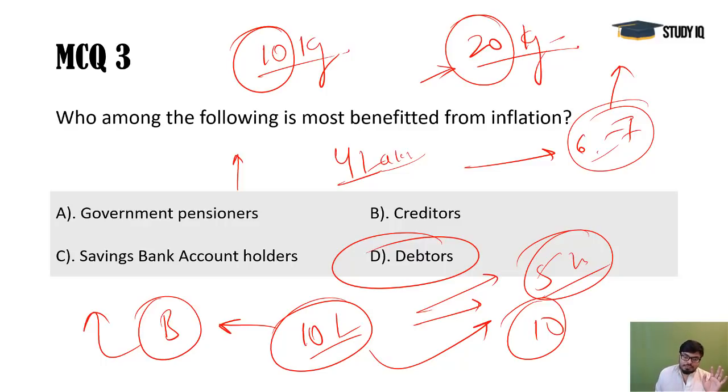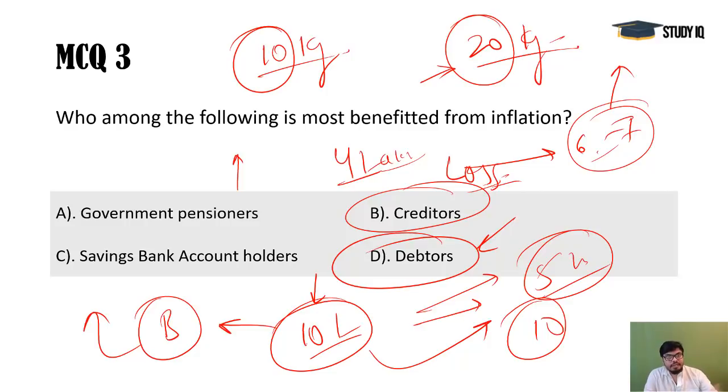So at that time, who is at loss? Banks are at loss. Okay, means creditors are at a big loss, and debtors are at a big advantage due to inflation. If inflation is not there, and deflation is there, then debtors would be very much troubled.